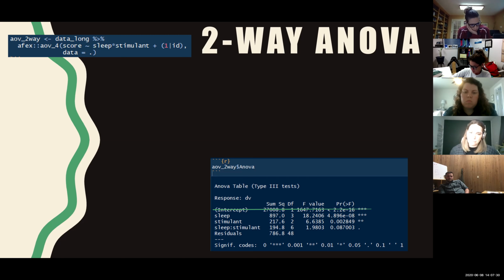Notice on our ANOVA table, we have a line for sleep, a line for stimulant, and then sleep with a single colon stimulant, and then residuals at the bottom. We still have sum of squares, degrees of freedom, F value, P value. How many P values do we have? Not 1, and actually not 2, but 3.